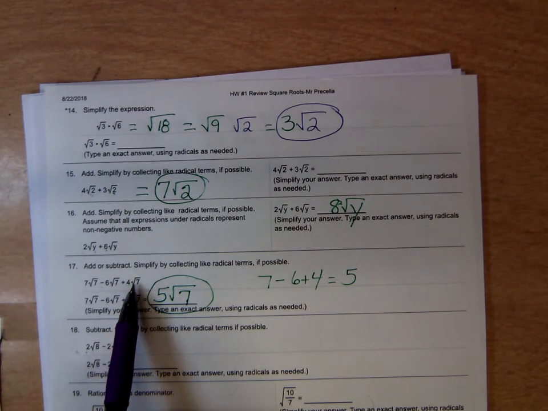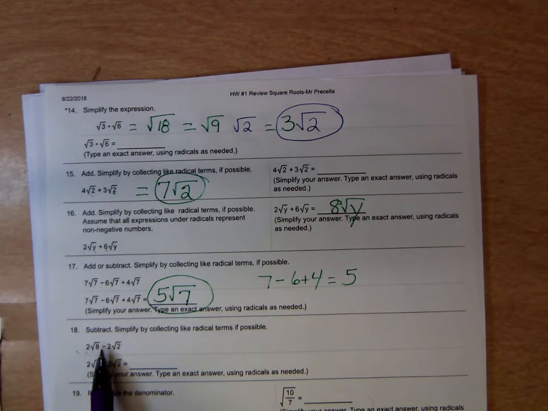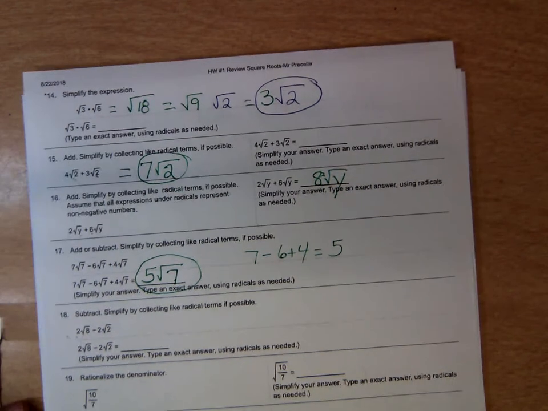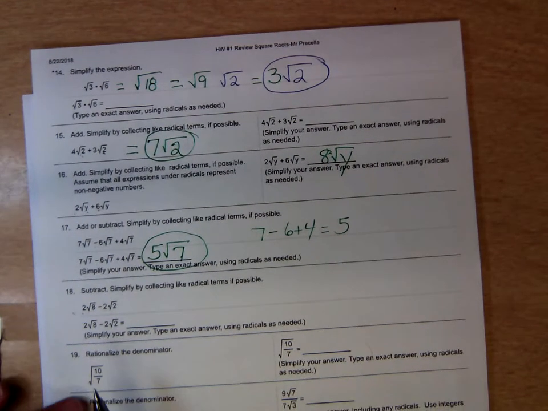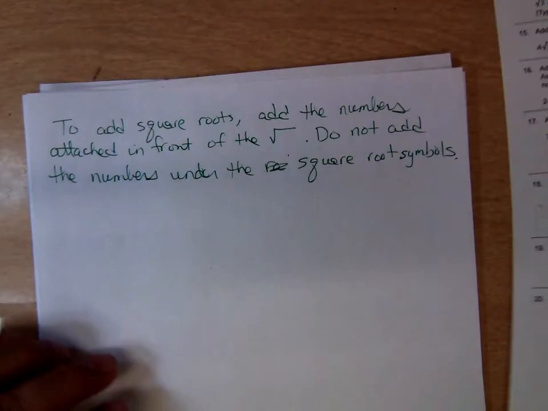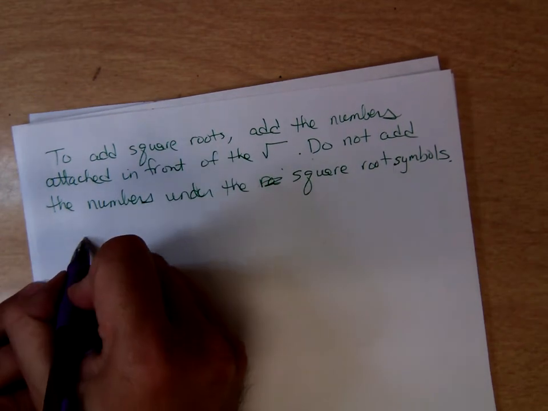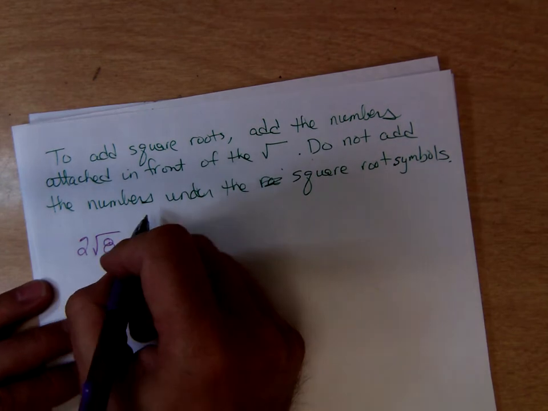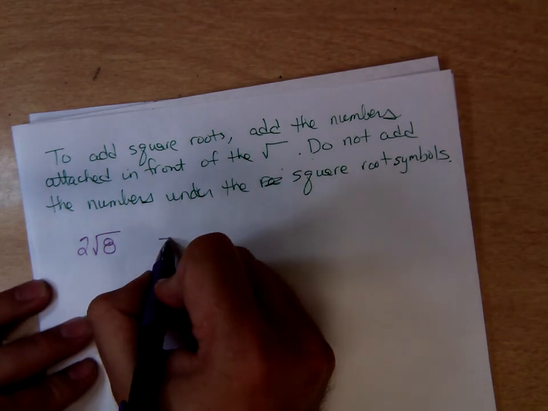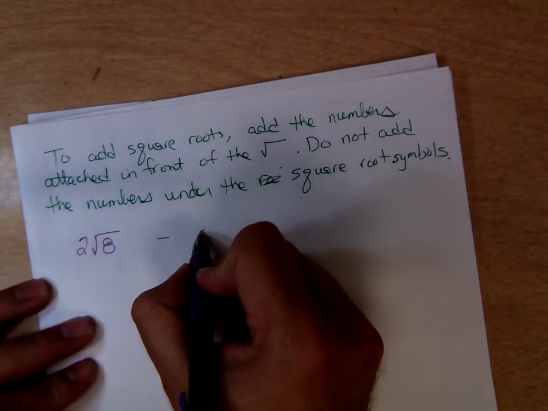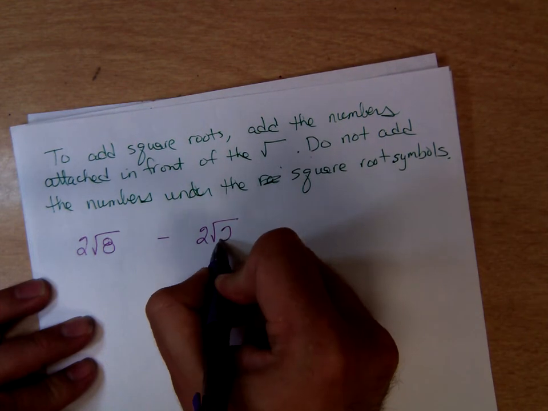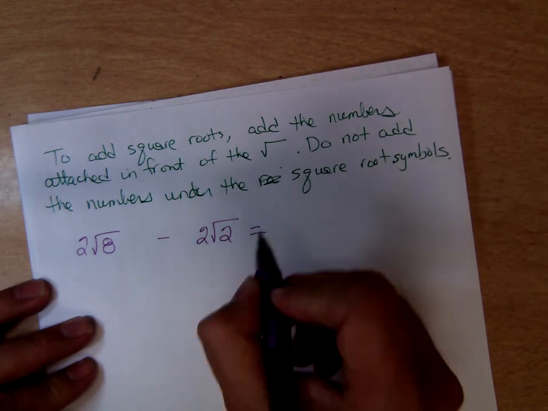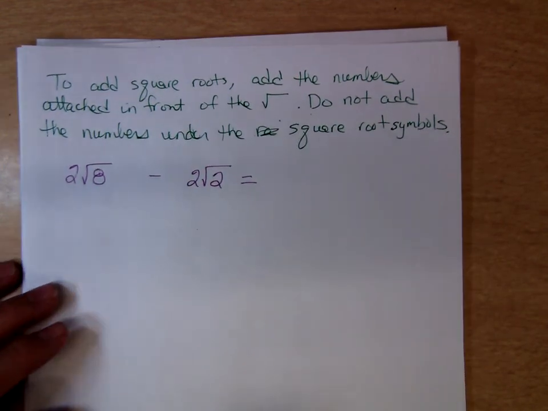We need the same number under both square root symbols if we're going to add or subtract them. And so I'm going to work out this problem right here. 2 square root of 8 minus 2 square root of 2. Well, there's some simplification we can do on here first.